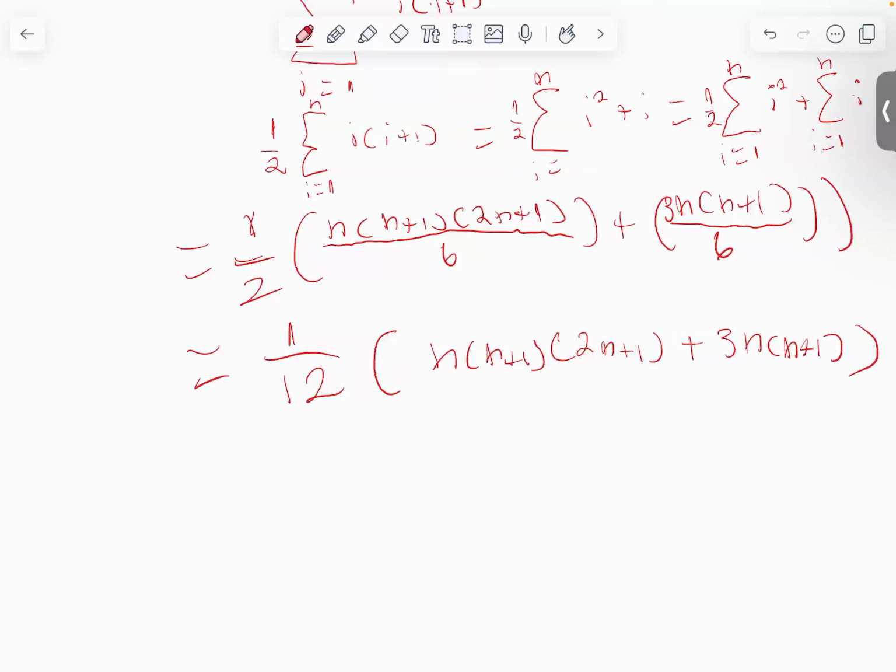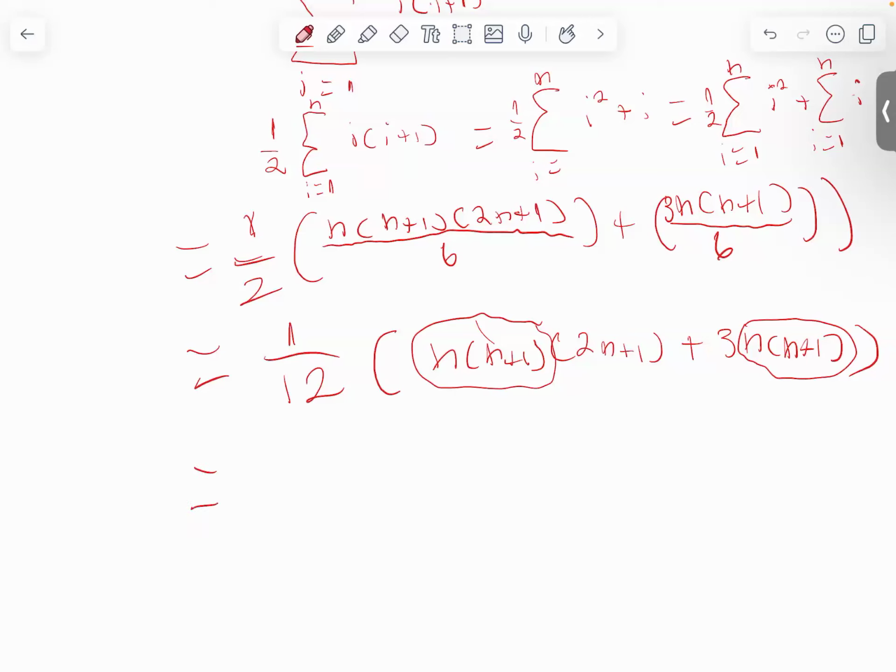Okay. And then from here, we can start pulling out common values again. We notice that both of these are being multiplied by n times n plus 1. So we can pull these out of the equation and bring them to the top of our fraction.